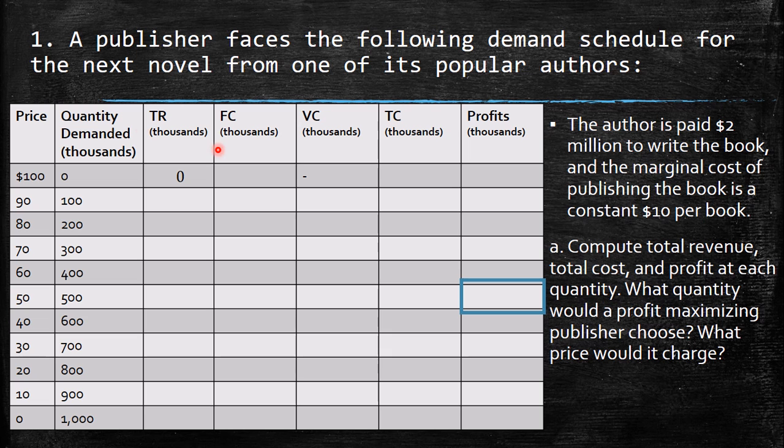So first, total revenue, remember, is identified by the quantity that you sell times the price. If the publisher sells a book at $100 each, they're going to sell 0 units. So it's going to be 100 times 0.